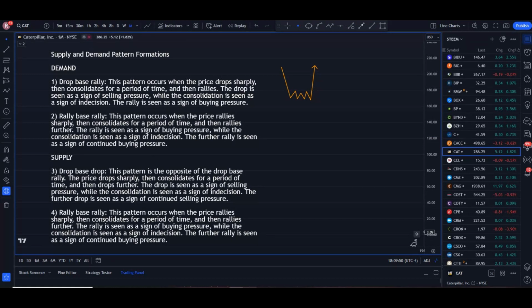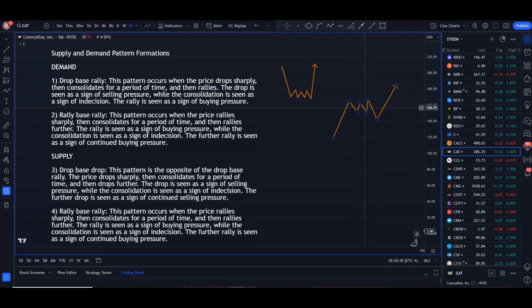The pattern occurs when the price rallies sharply, then consolidates for a period of time, and then rallies further. The rally is seen as a sign of buying pressure, while the consolidation is seen as a sign of indecision. The further rally is seen as a sign of continued buying pressure. So that is the rally-base-rally.